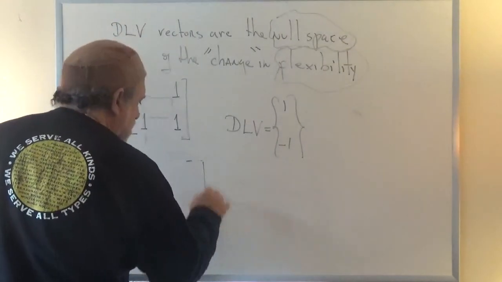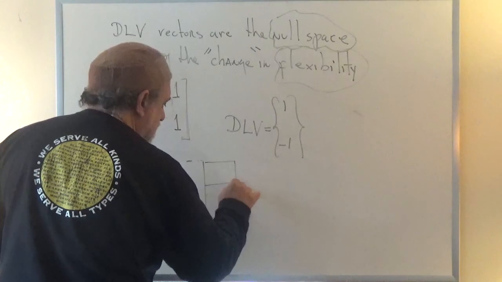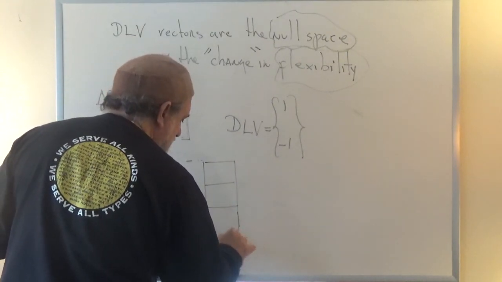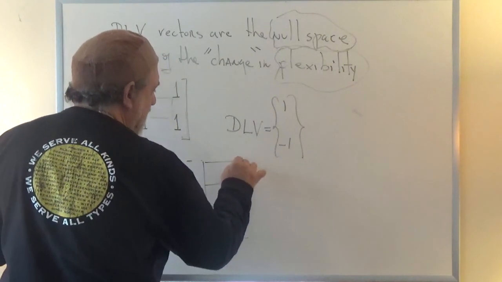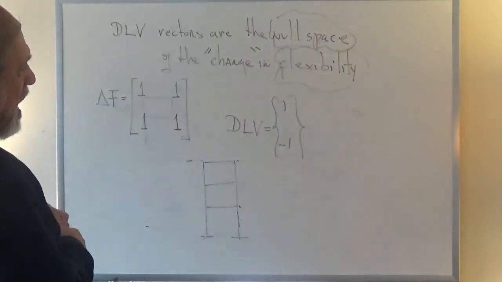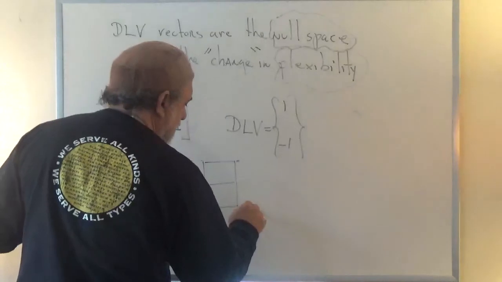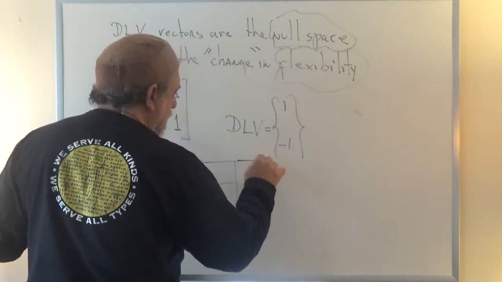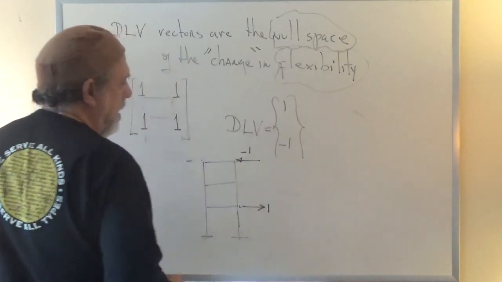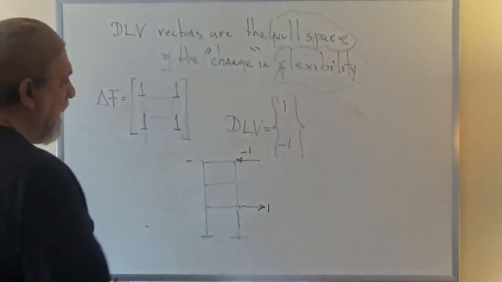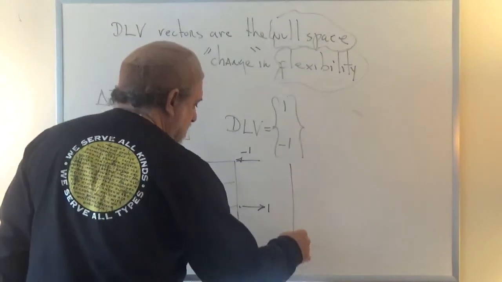Now we go back to our structure, which was 3 stories, right? And it had a sensor here and a sensor here. And the DLV vector is 1 and minus 1, right? Now, because it's a shear building, all that matters is the shear plot.